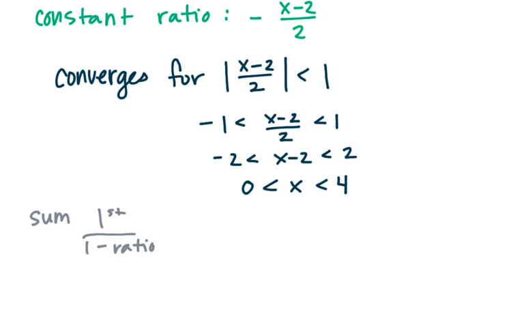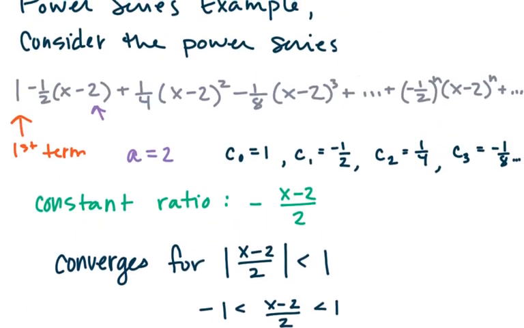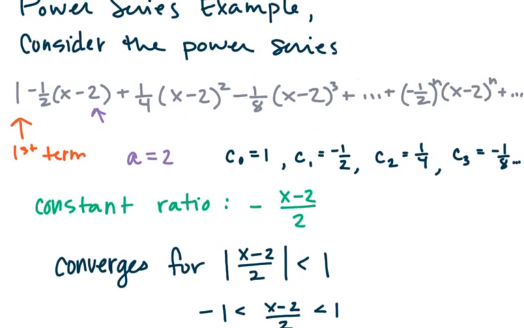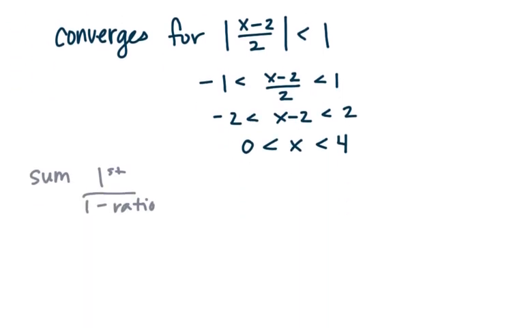So my sum of a convergent geometric series is the first term over 1 minus that ratio. My first term, scrolling back up, is 1, and my ratio is negative the quantity (x minus 2) divided by 2. So the sum of my series is 1 over 1 minus negative (x over 2) over 2, which simplifies to 2 over x.